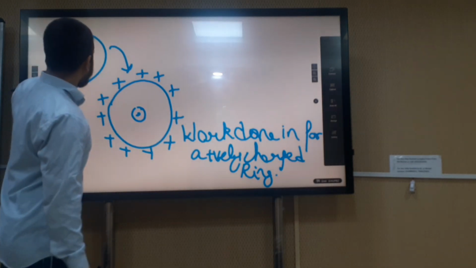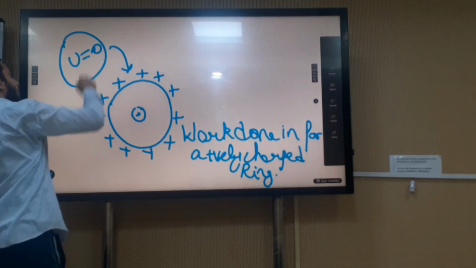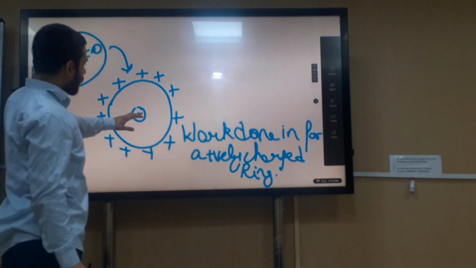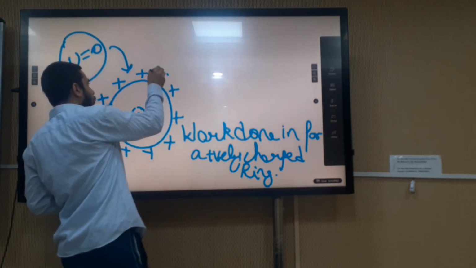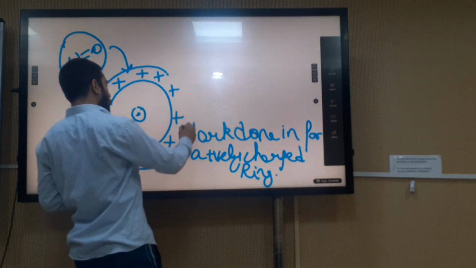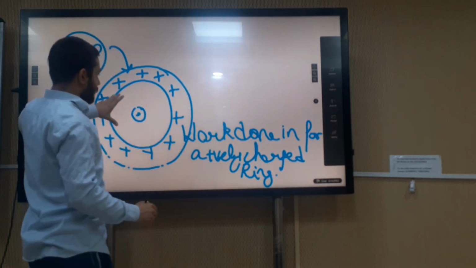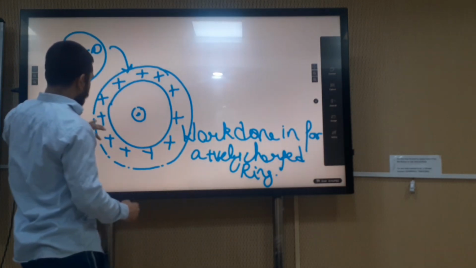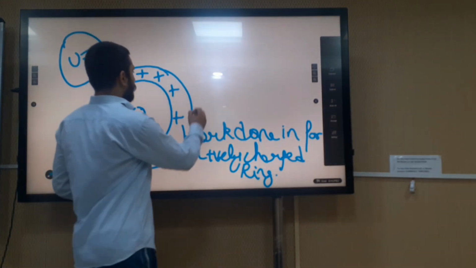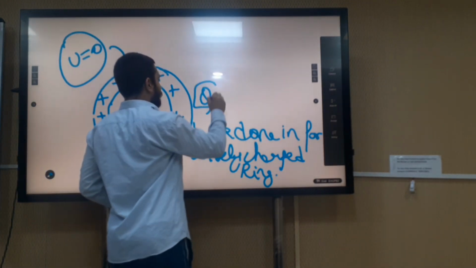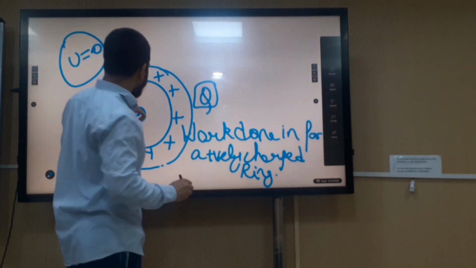Okay, so firstly when it was like this, the potential energy was equal to 0. Finally the potential energy is nothing else but, suppose that this whole charge which is distributed uniformly is of charge Q, the whole charge value is Q coulombs. Okay, so what will be the potential energy?